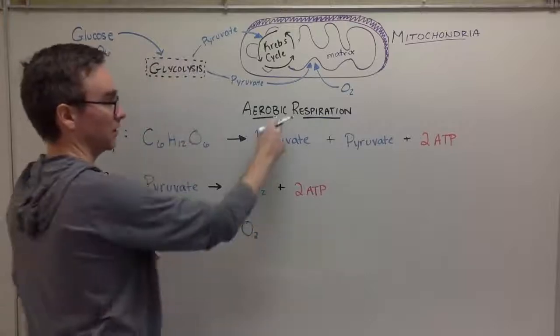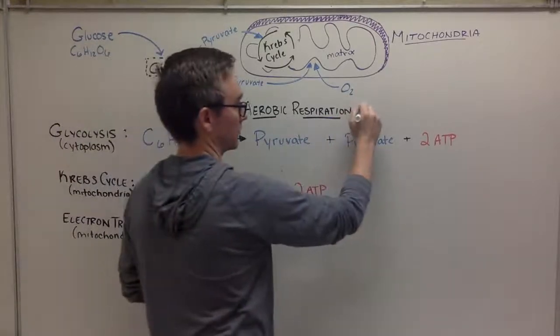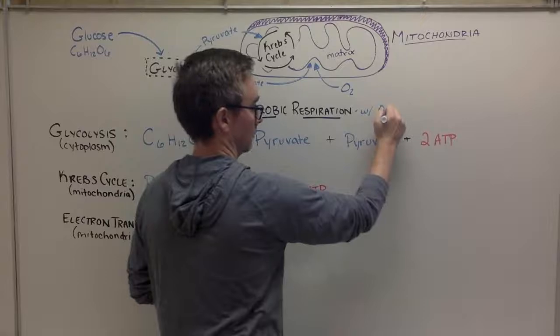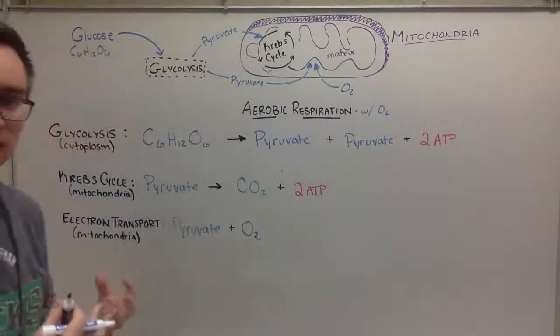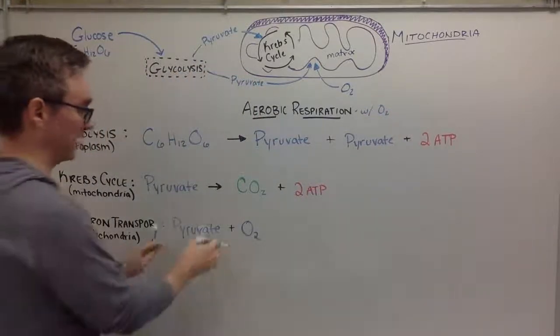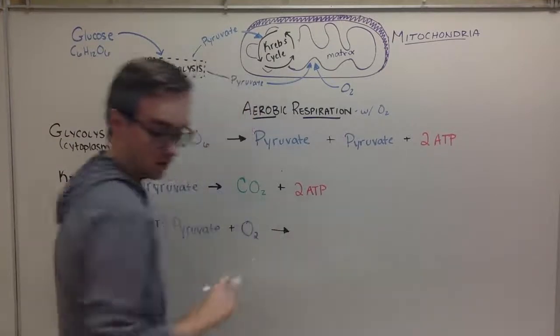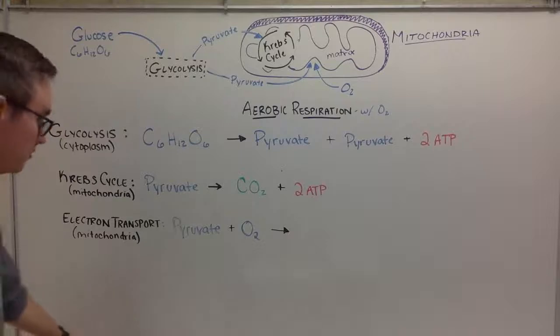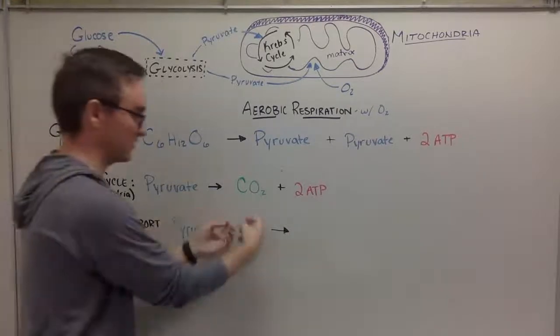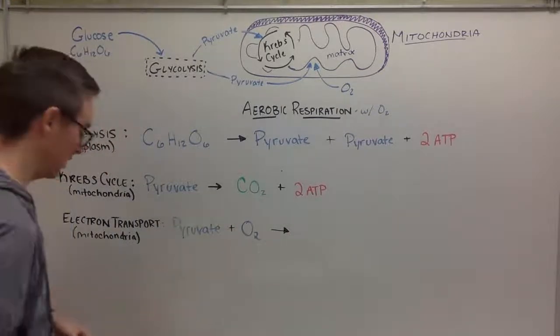so this is that aerobic, right? Aerobic means with oxygen. If I bring in that aerobic there, now I have pyruvate plus oxygen. And what that's going to do is break down that pyruvate, but now we have some extra oxygens as well.